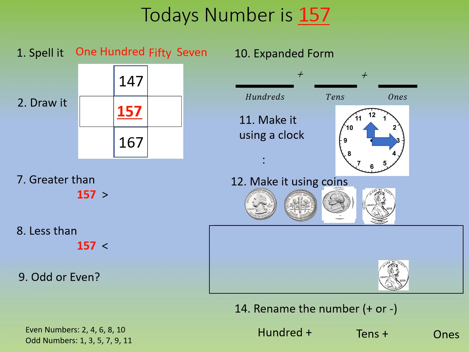We added 10. Now we're going to do 1 less than 157. 1 less than 157 is 156. Turn and tell your partner what 1 more than 157 is. Did you say 158?